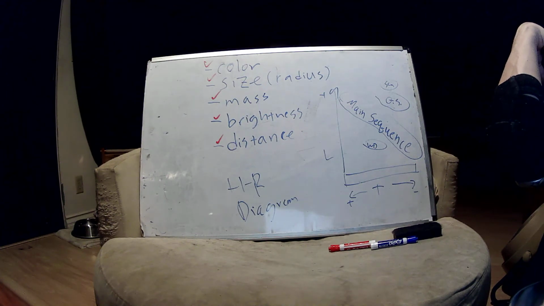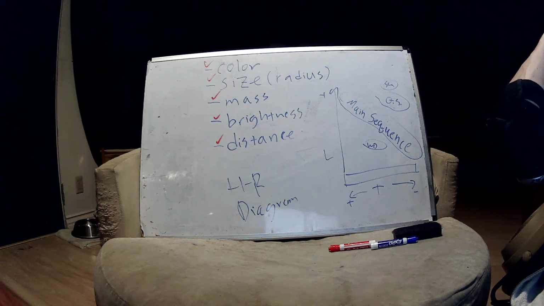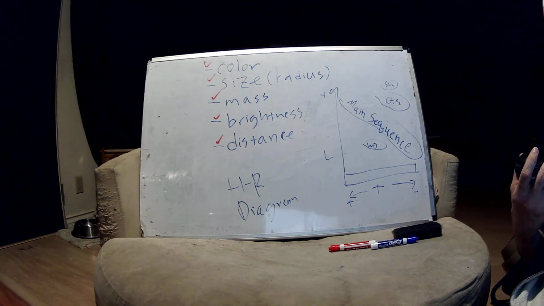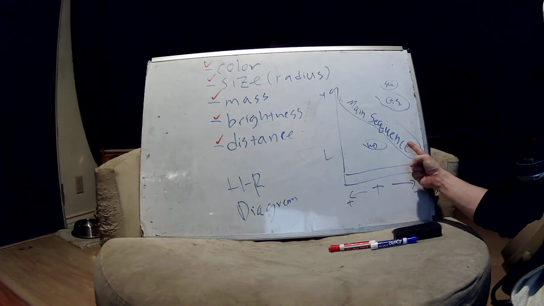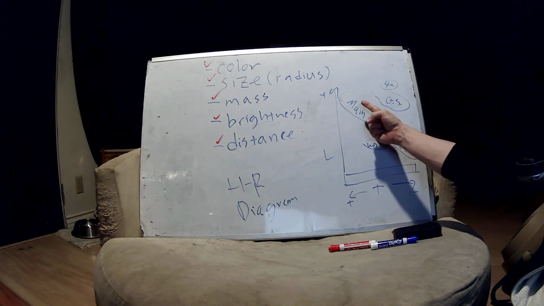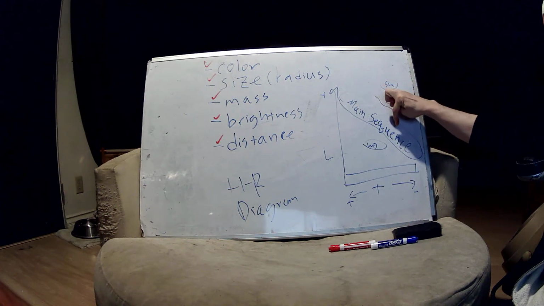Hotter stars are going to be bluer, colder stars are going to be redder, and then if we're talking about main sequence stars, colder stars live longer and hotter stars have shorter lifespans. But the mass, more massive stars are bluer, brighter, and hotter. Less massive stars are smaller, redder, and colder.